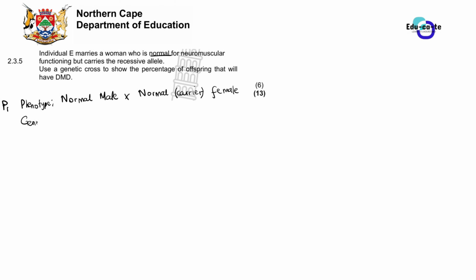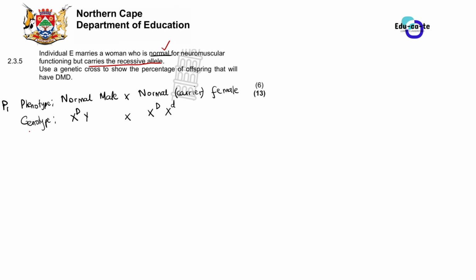So the genotype in this case, the normal male is given by XY, and this X from the male must have a capital letter D because it doesn't have the condition, of course. And then normal carrier female, X with a capital letter D, X with a small letter d. This capital letter D is just dominant, which makes the female normal, but the small letter d is a recessive allele that is being carried by the female because according to the statement, the female carries the recessive allele, but she is normal.